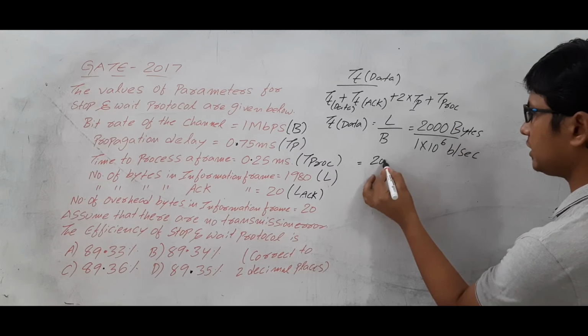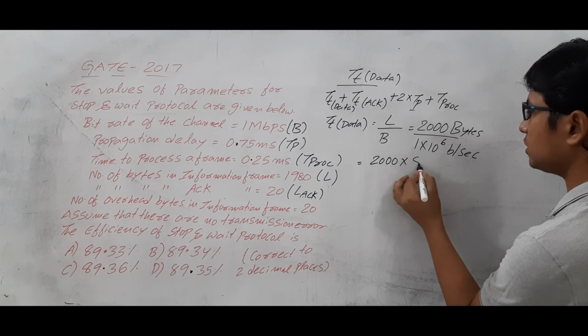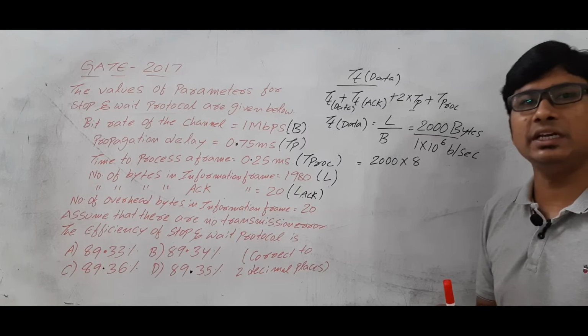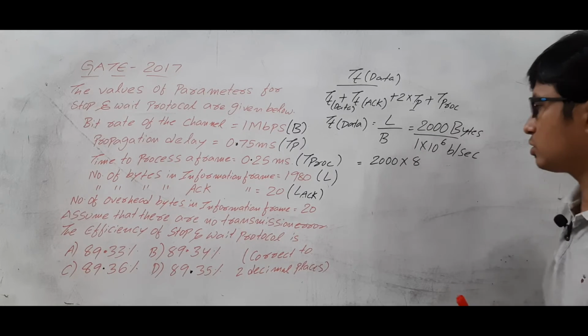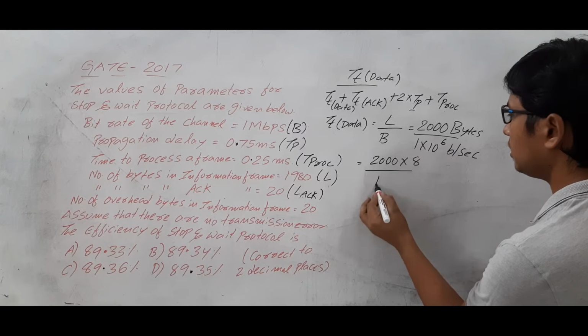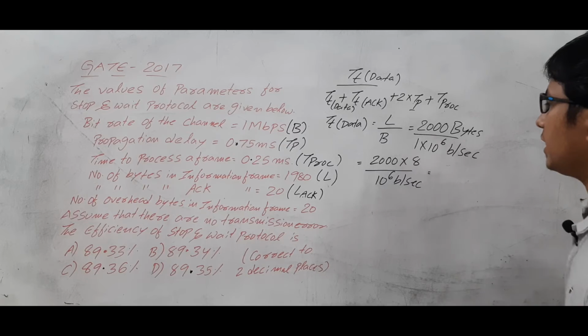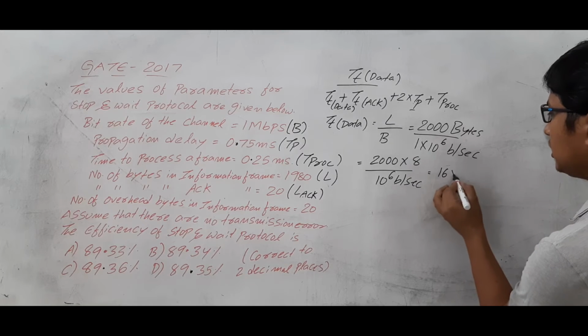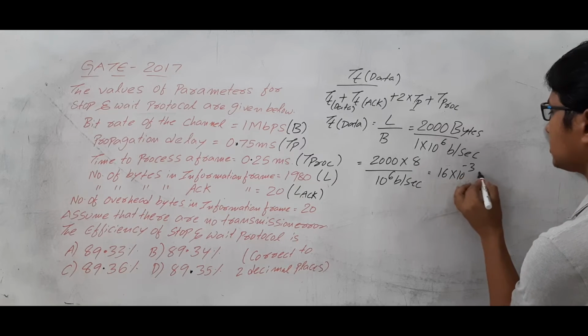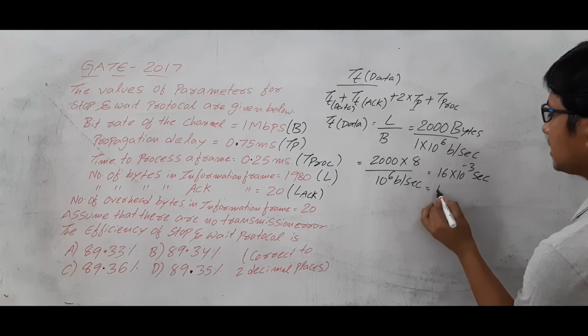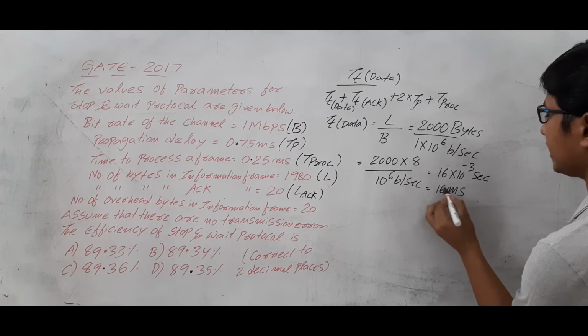So I have to write it as 2000 into 8. Why? 1 byte is equal to 8 bits. So 2000 into 8 by 10 power 6 bits per second, you will get 16 into 10 to the power minus 3 seconds. So let me write it as 16 milliseconds.